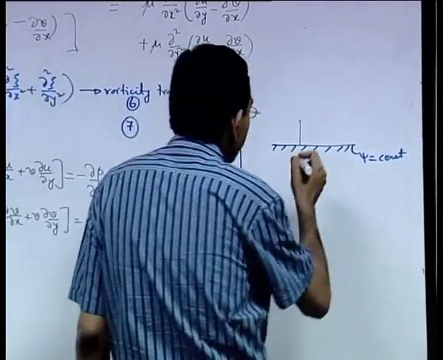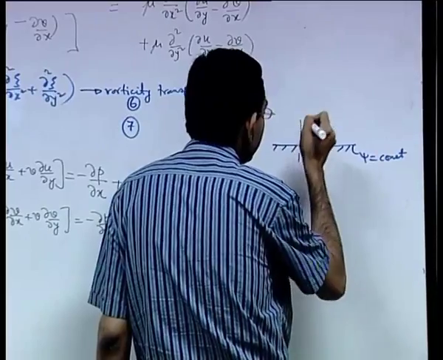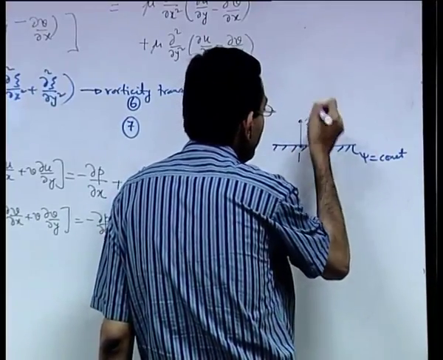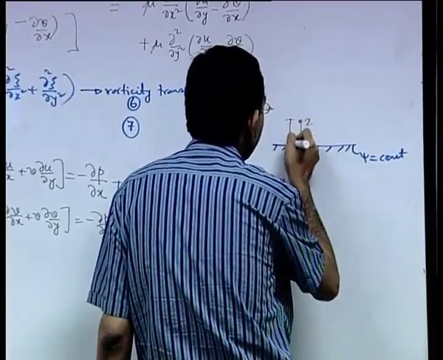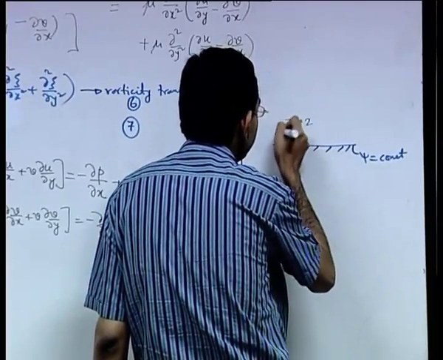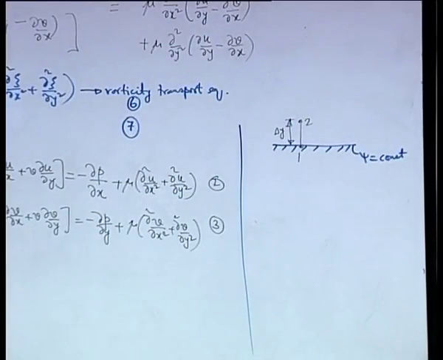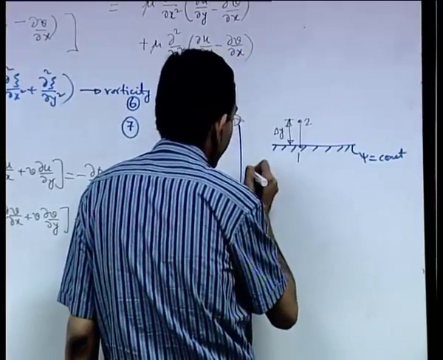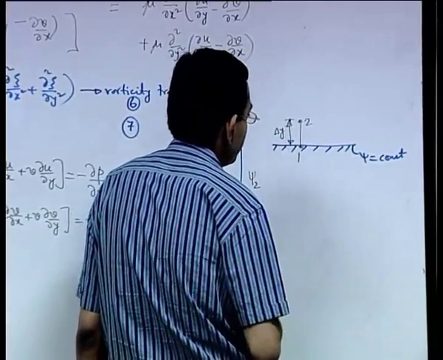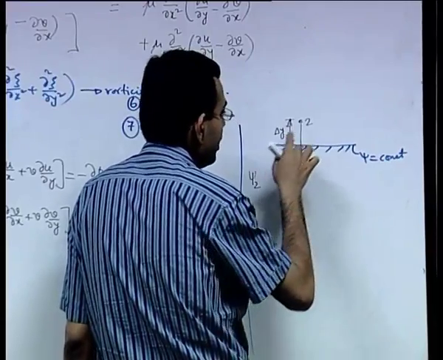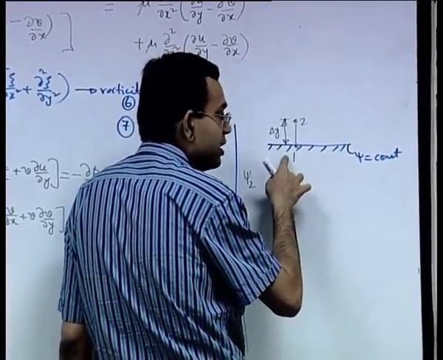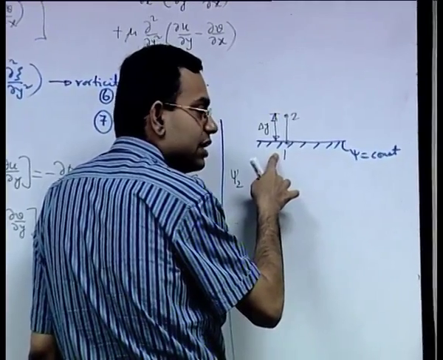To do that, let us consider that there is a grid point 1 at the boundary and grid point 2 which is located at a distance of delta y, such that the line 1 2 is perpendicular to the solid boundary. So we can write psi 2; let us expand the stream function at 2 in terms of the stream function at 1 by using the Taylor series expansion.